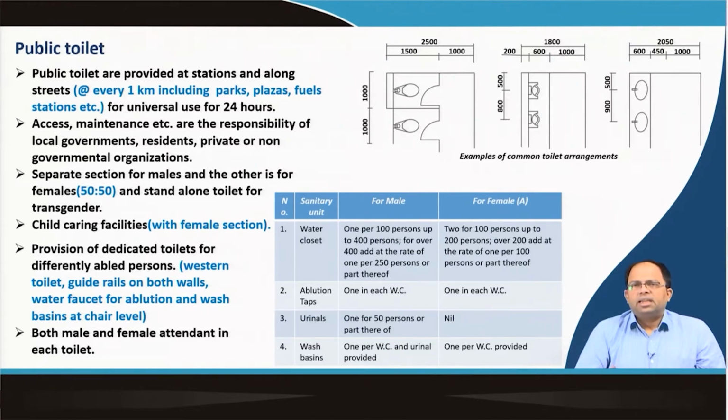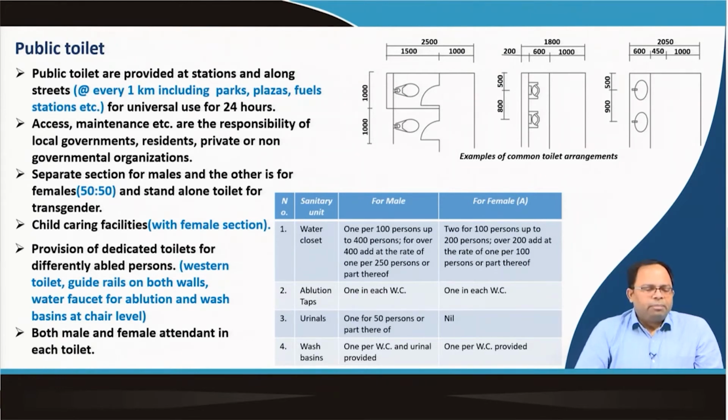Community toilets are for slum areas where there is no space for septic tanks or individual household toilets. Public toilets could also be provided at meetings, fairgrounds, parks and so on. These are part of the entire sanitation system, though we cannot say they are exactly part of a decentralized or centralized system, but it is a unit which also needs to be studied.